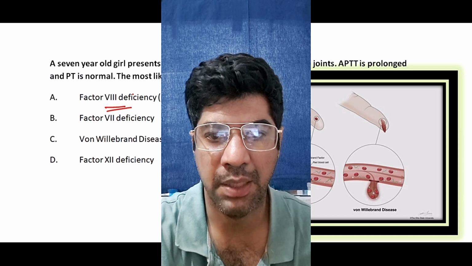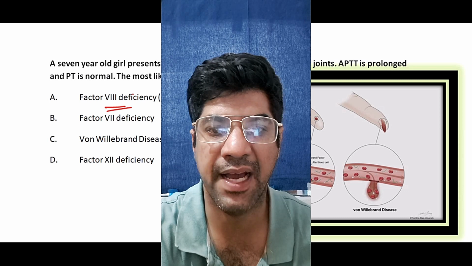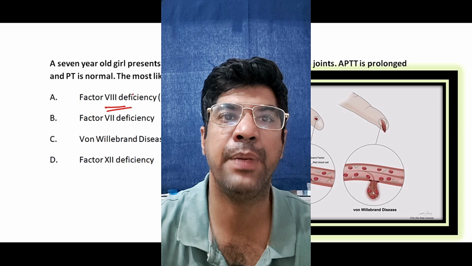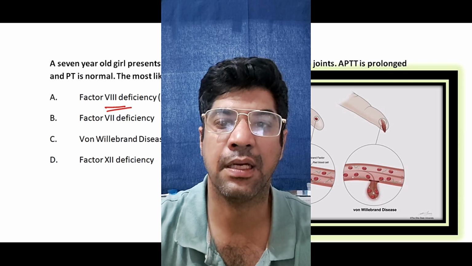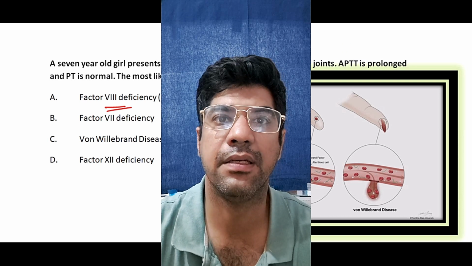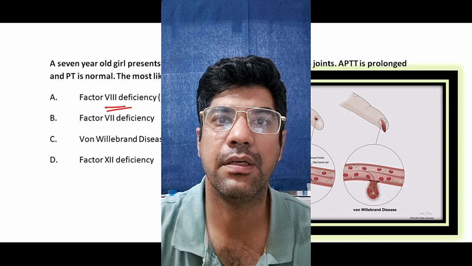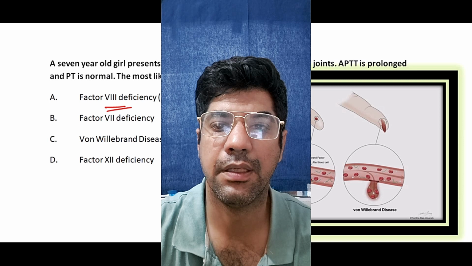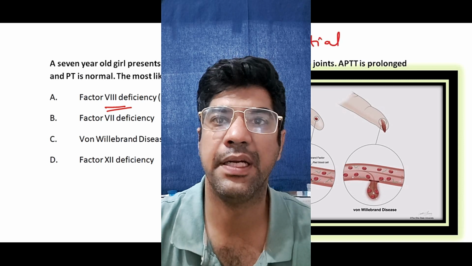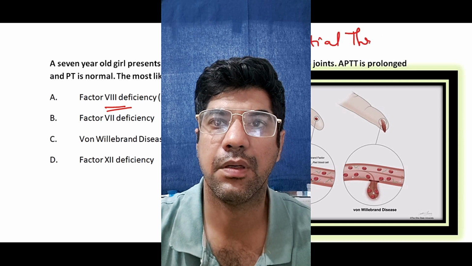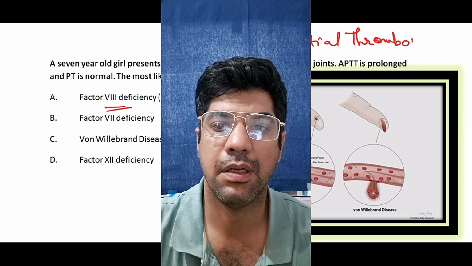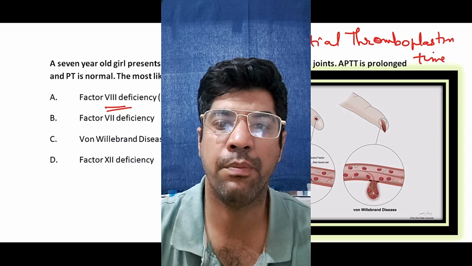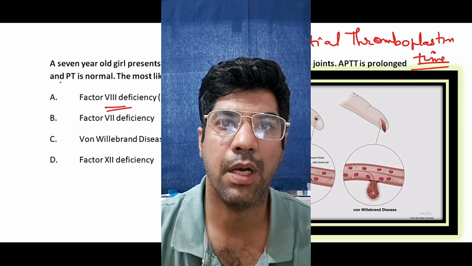So when a person with hemophilia A experiences bleeding episodes, they have a prolonged APTT, that is, activated partial thromboplastin time, and PT, prothrombin time, is normal.